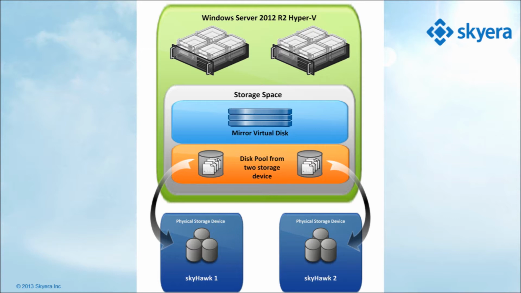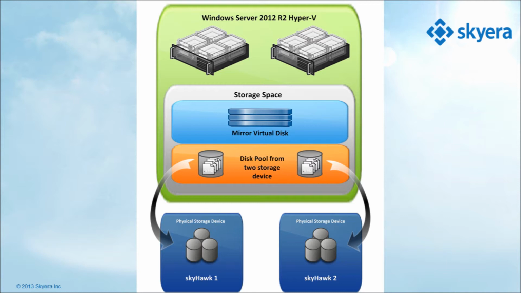The idea here is to take advantage of the mirroring feature in Windows Server 2012 R2. Data is mirrored on two SkyHawk units for HA and fault tolerant storage data protection. Windows storage spaces enable a cost-effective, highly available and flexible storage solution for virtual deployments.